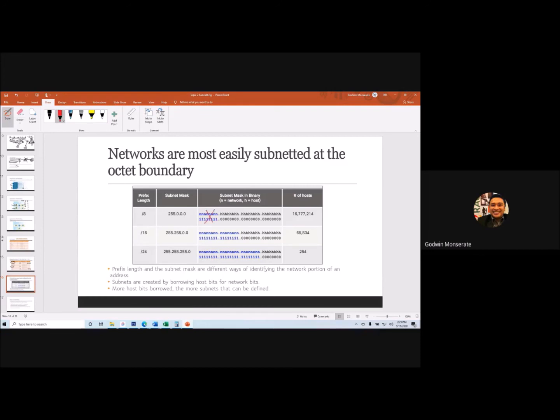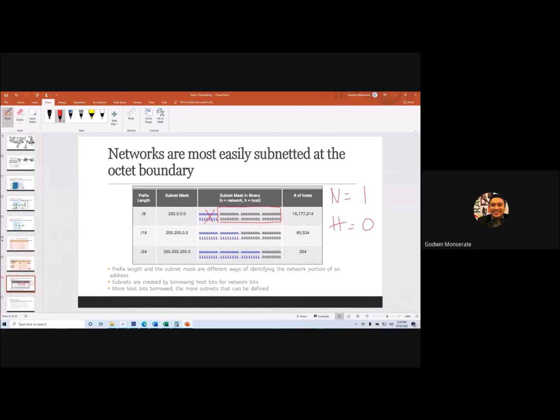Those N's can't be used. So what can you use? The host portion is zero, meaning you can convert it to become 1. All N's are 1 and all H's are 0.